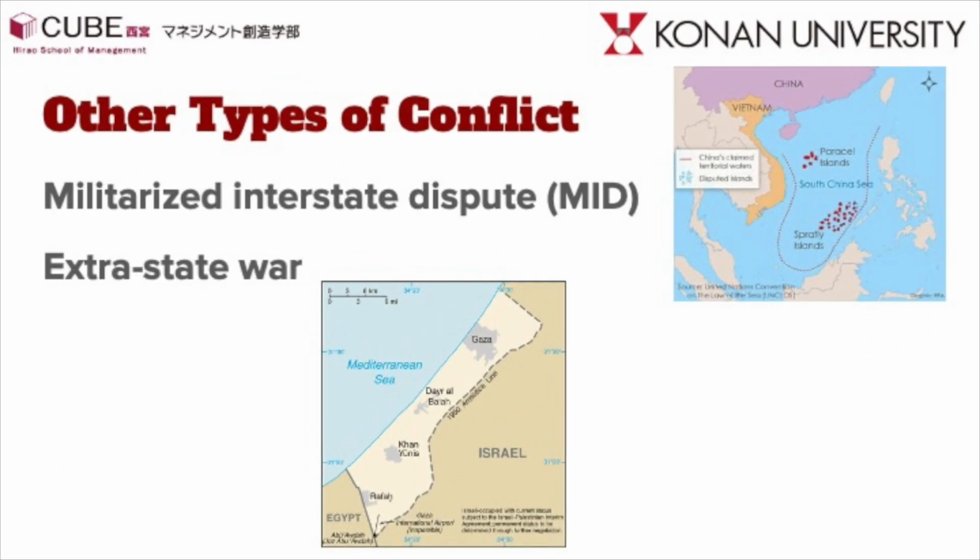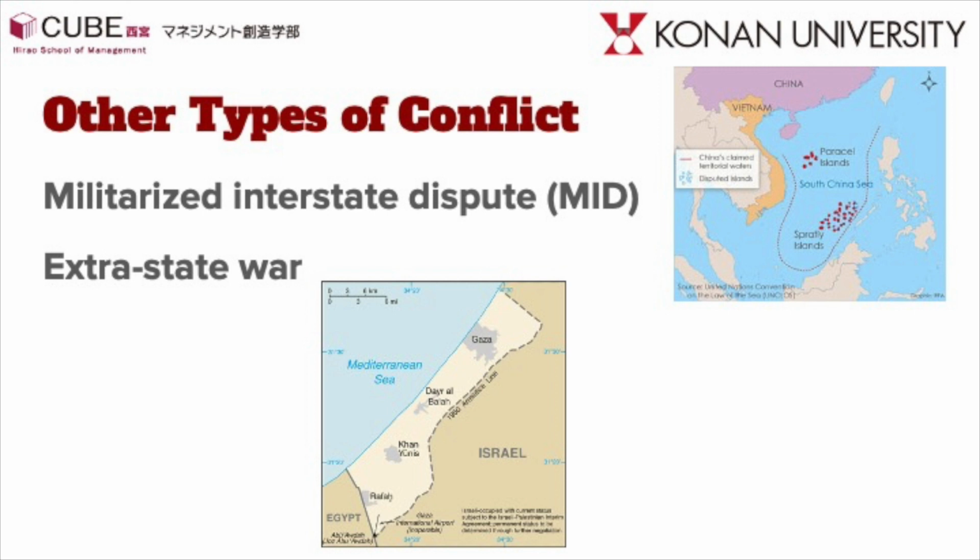So moving on to other types of conflicts, we're going to talk about MIDs, and a MID is a militarized interstate dispute. So this is an instance in which a state threatens to use force against another state, mobilizes or moves military forces against the other in a threatening manner, or two states engage in military clashes at a level of severity below full-scale war.